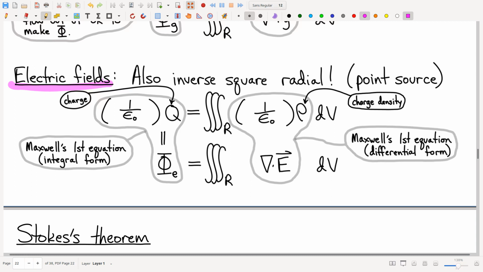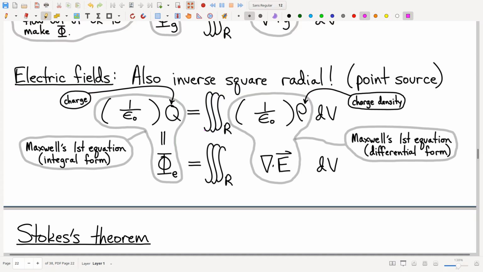Right? And the beautiful thing about it, they too are inverse square radial, emanating from charge. And so, again, things that mathematically behave the same way, you can pretend are actually the same.